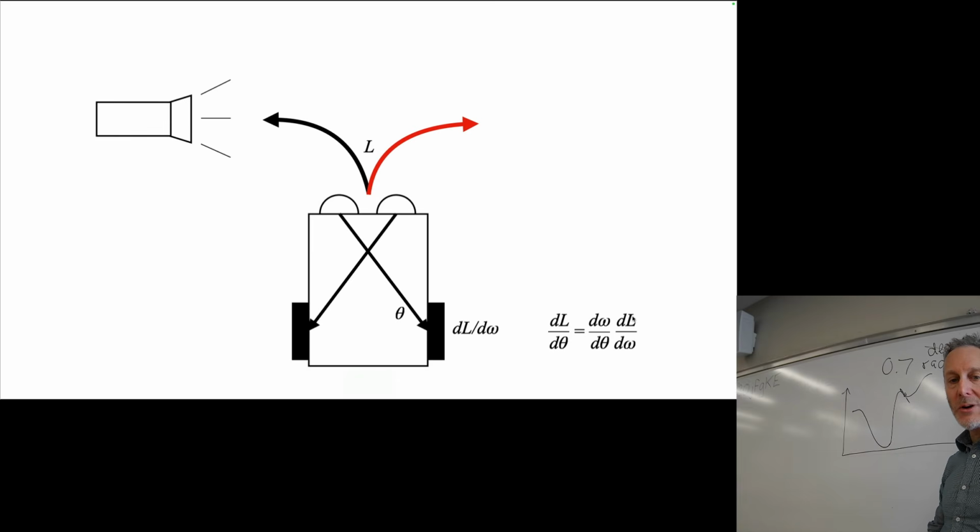Well, we already know dL over d omega, and we know that the way in which omega changes is a function of theta. When we change theta, we know exactly how the physics engine is going to change omega. It's down in the physics of the physics engine. So we can ask the physics engine for this local slope.